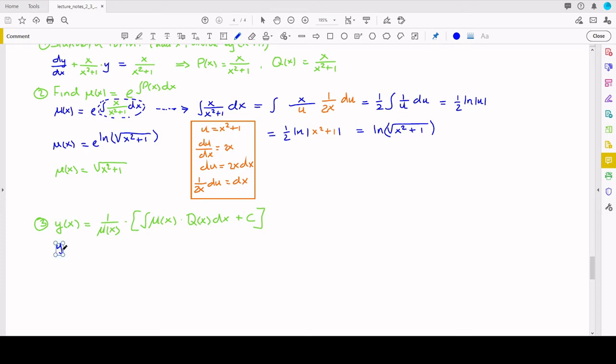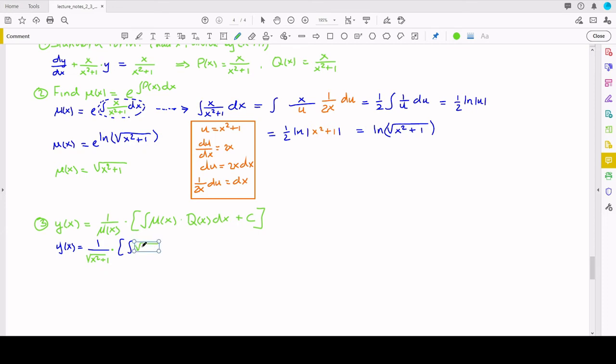Okay, so let's do this. We have y of x equals 1 over mu of x, which is the square root of x squared plus 1. And then we multiply that by the integral of mu of x times q of x.